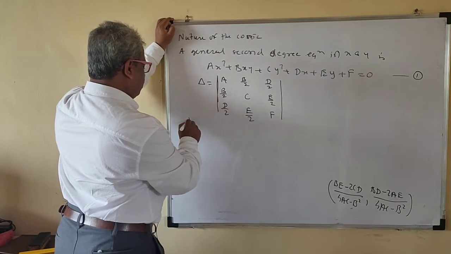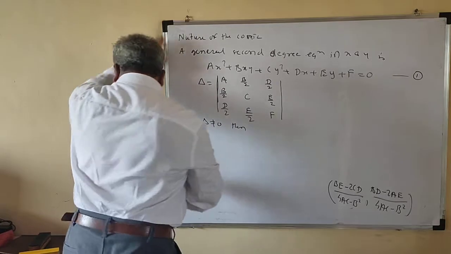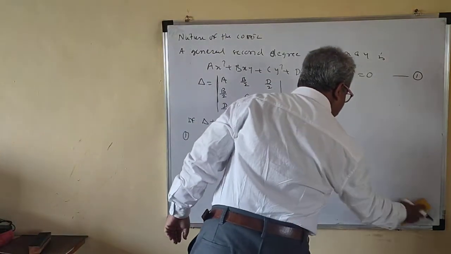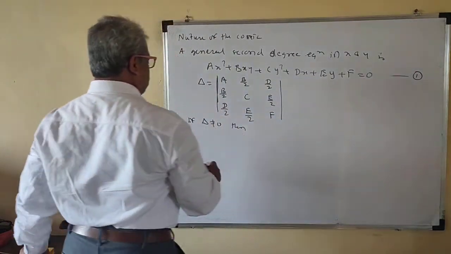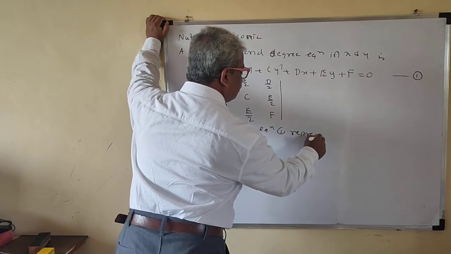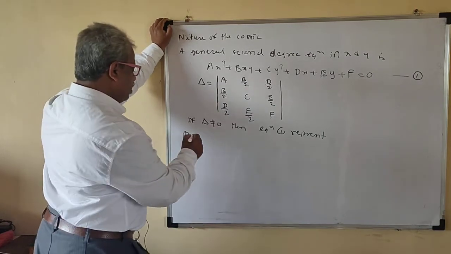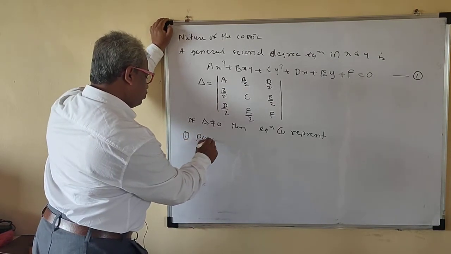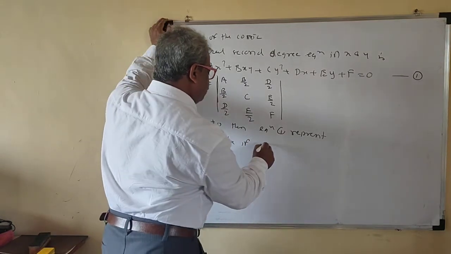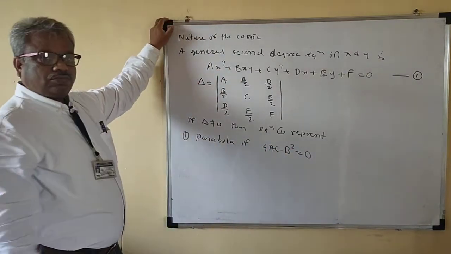Okay. So if delta not equal to 0, then equation 1 represents a parabola if 4ac minus b square is equal to 0.